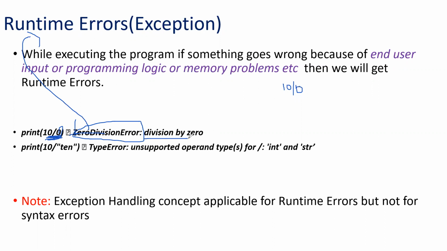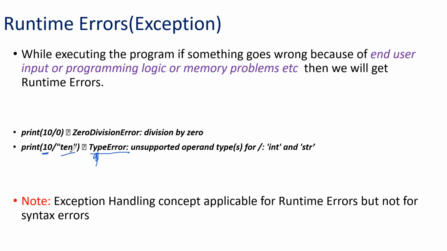Okay, so division by 0 is a runtime error. And the second one, type error. Remember, if you get a type error, it means a data type error. Here 10, fine.